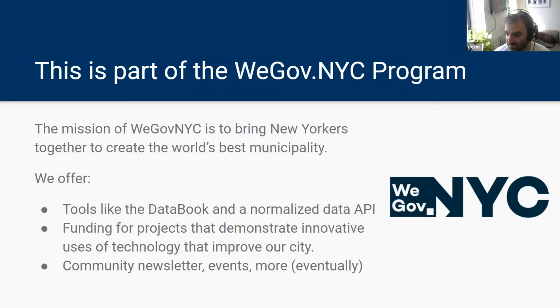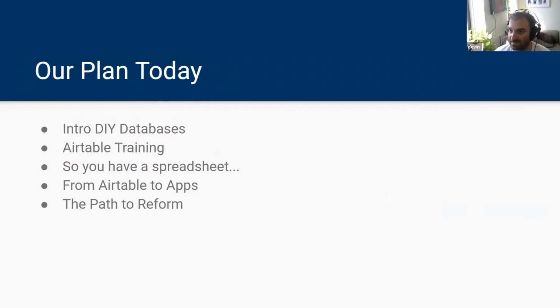We do a little project funding for tools that demonstrate innovative uses of technology for the city. And we're slowly putting together a community newsletter. We're going to do some events when this whole COVID thing has passed, et cetera.